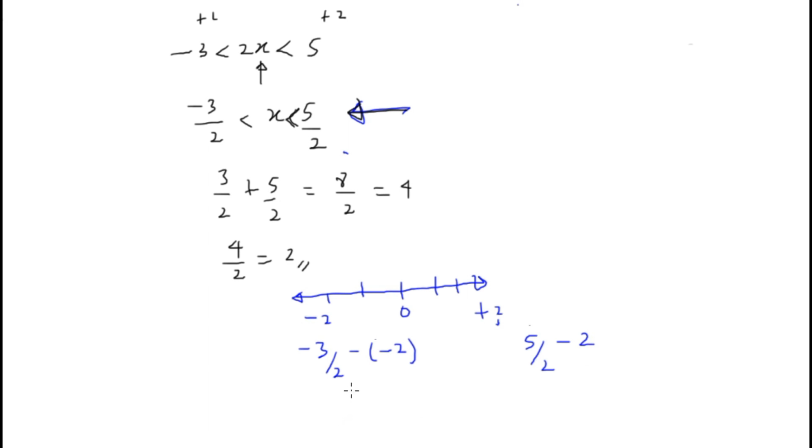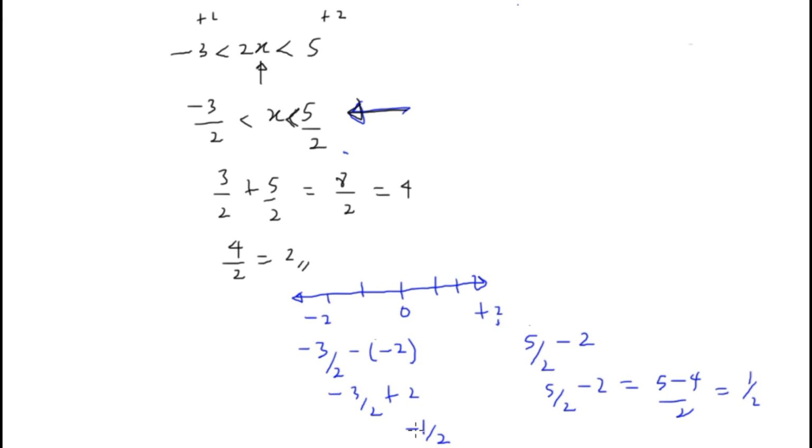So this is supposed to be minus 3 upon 2 plus 2, and then this is supposed to be 5 upon 2 minus 2. So 5 upon 2 minus 2, that's supposed to be 5 minus 4 upon 2, which is supposed to be 1 upon 2, that's plus half, and this is supposed to be minus 3 plus 4, and that's supposed to be plus 1 upon 2.